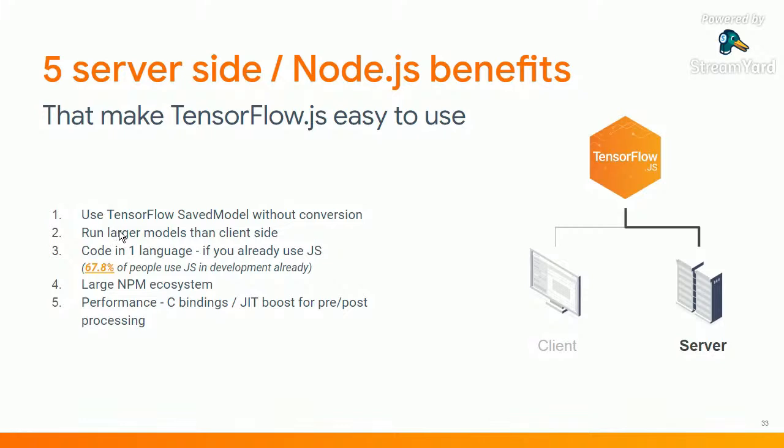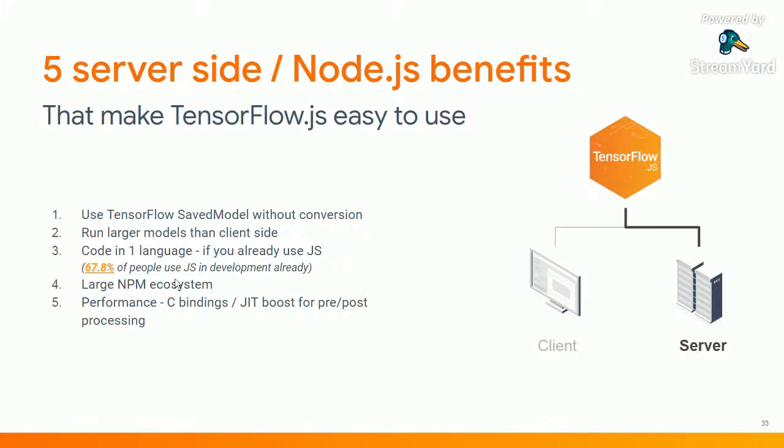Second point, it allows you to run much larger models than you can do on the client side. I believe in Chrome, each tab in the web browser can only have a maximum of 512 megabytes of RAM usage. And for some models, that might not be enough. So if you want to run models larger than that, then your only option is to run in the cloud in Node.js or Python like this.